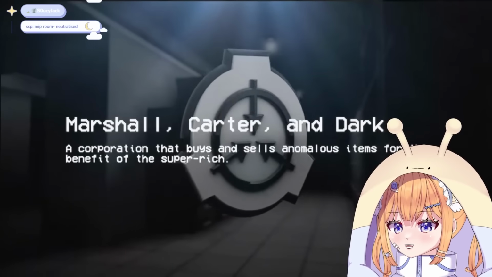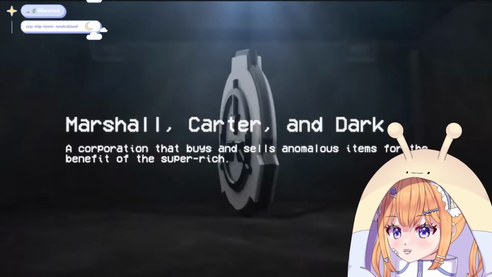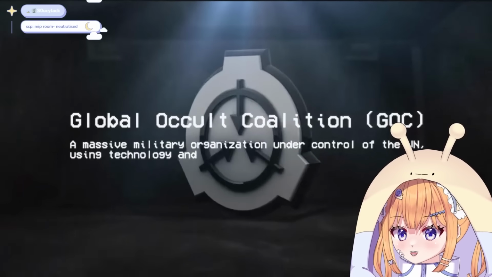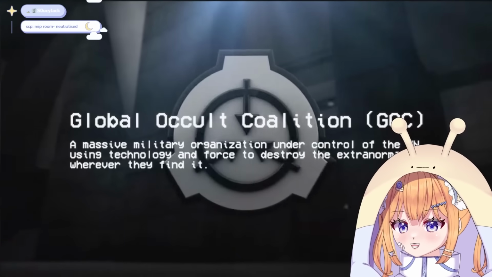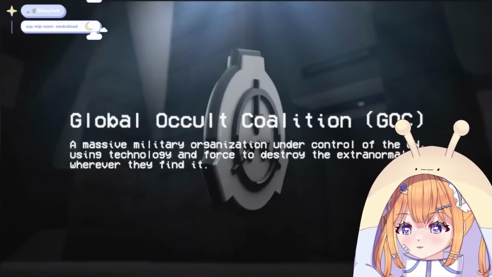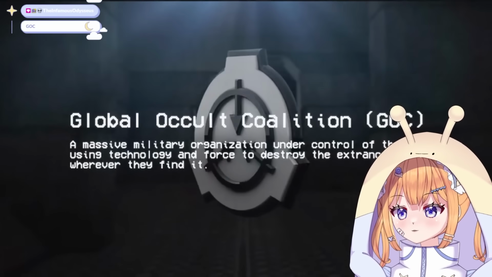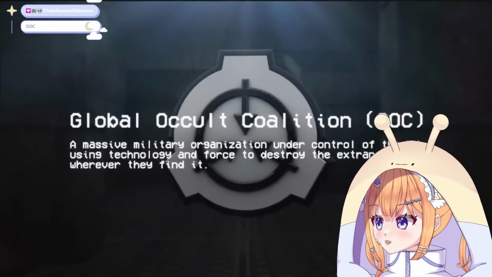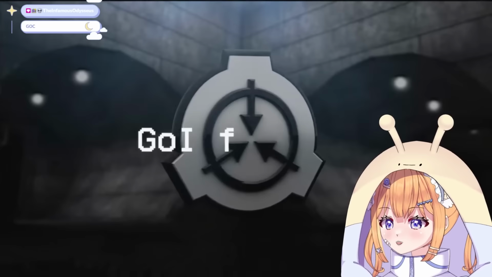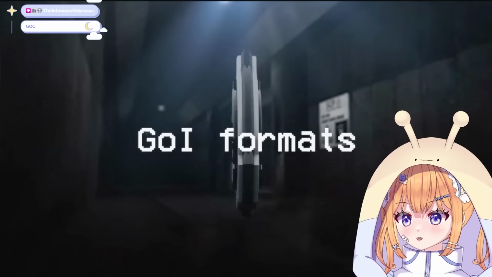A corporation that buys and sells anomalous items for the benefit of the super rich. Global Occult Coalition, or the GOC. A massive military organization under control of the UN, using technology and force to destroy the extra-normal wherever they find it. Many groups also have their own form of documentation, similar to an SCP.